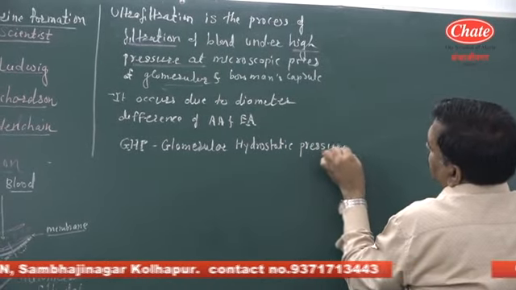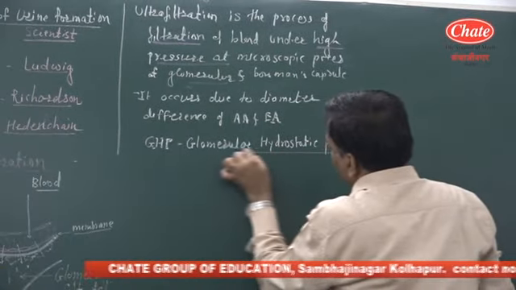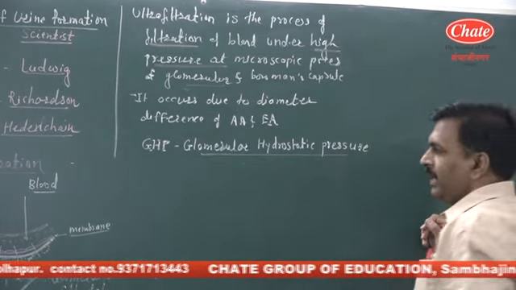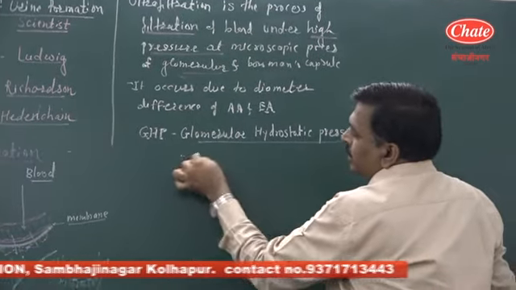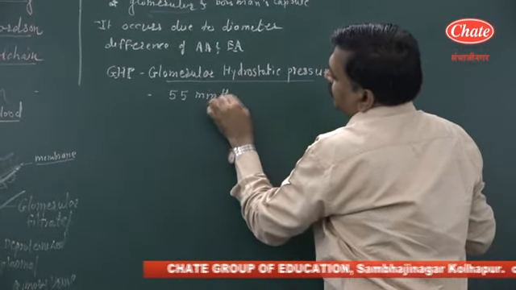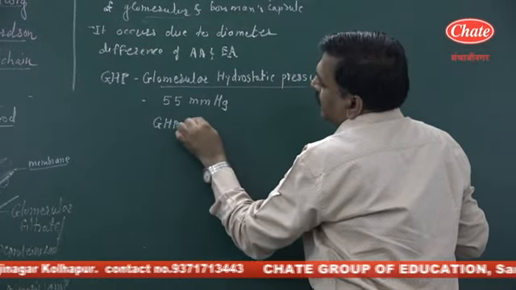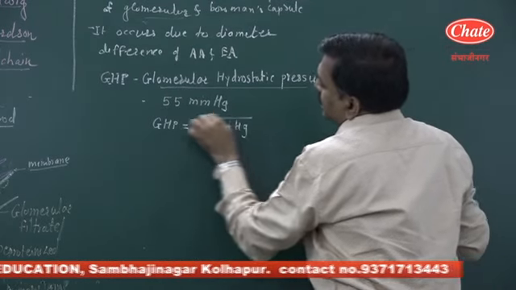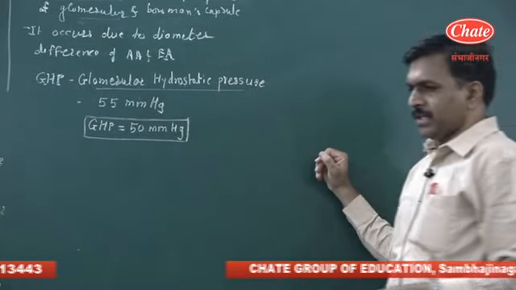This glomerular hydrostatic pressure is created due to the diameter difference of the afferent and efferent arteriole, and in kidneys this glomerular hydrostatic pressure is about 55 mmHg. This is also an objective, glomerular hydrostatic pressure.